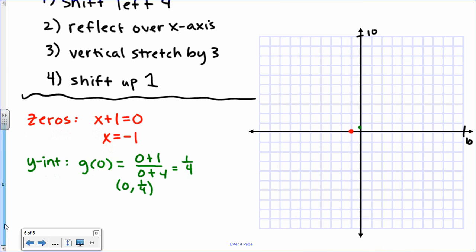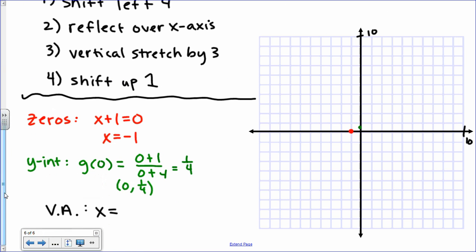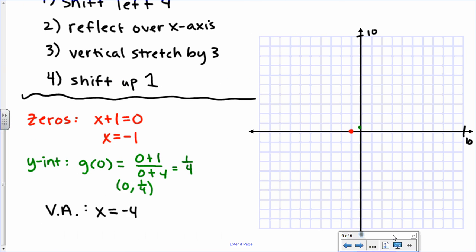And then you want your 2 asymptotes. Your vertical asymptote, that's x equals h, so x equals negative 4. The horizontal asymptote is y equals k. So y equals 1.